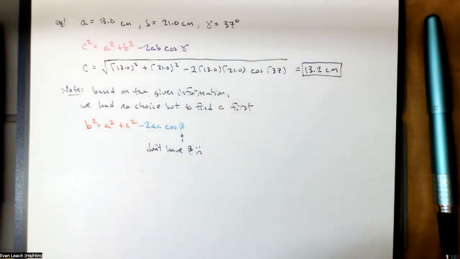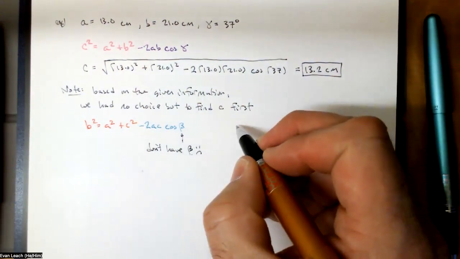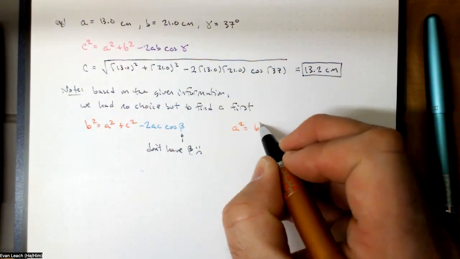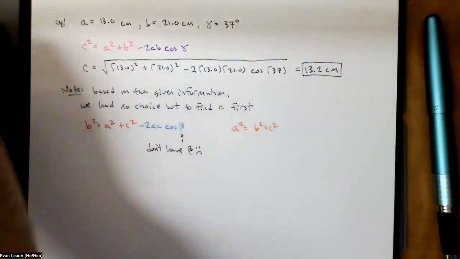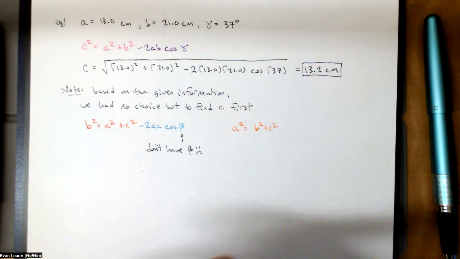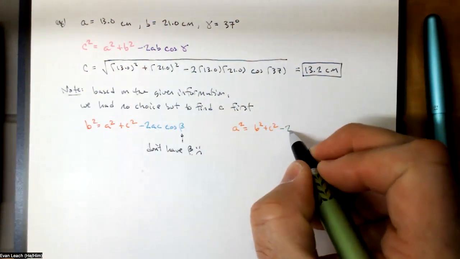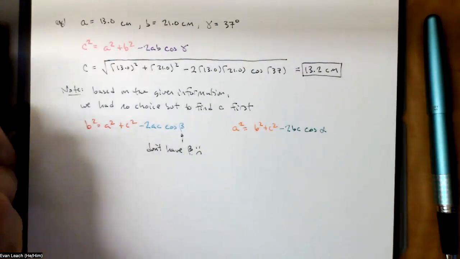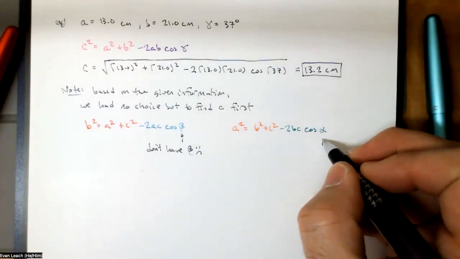The other version of the law of cosines would have required alpha, where it says a squared is equal to b squared plus c squared minus 2bc times the cosine of alpha. And here, we don't have alpha.